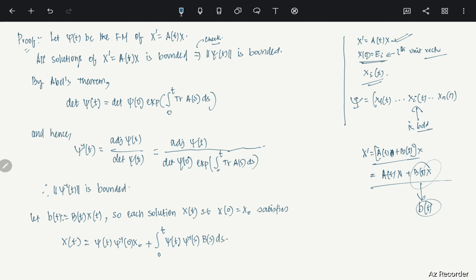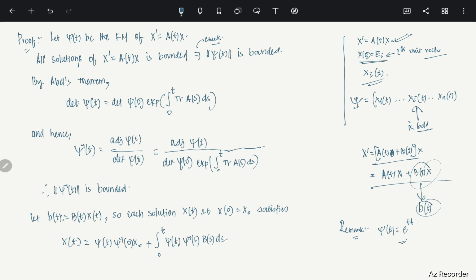Okay, a small remark: when it is a constant coefficient, what is phi of t? It is nothing but e to the power At, right? Then we can write it as e to the power At. That is why we write e to the power At there for the constant coefficient.